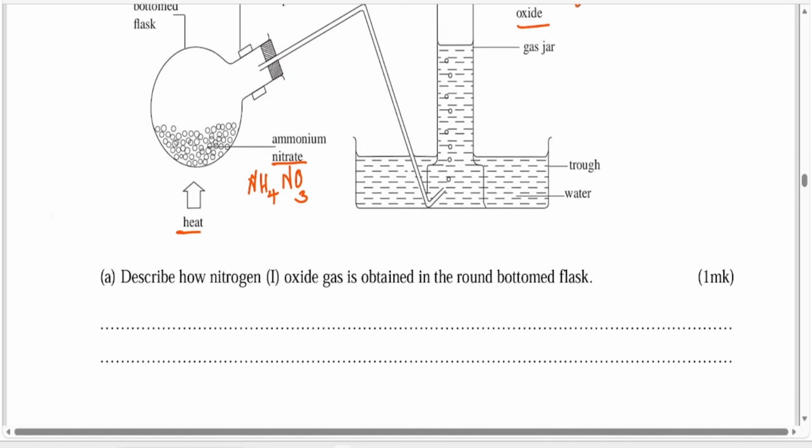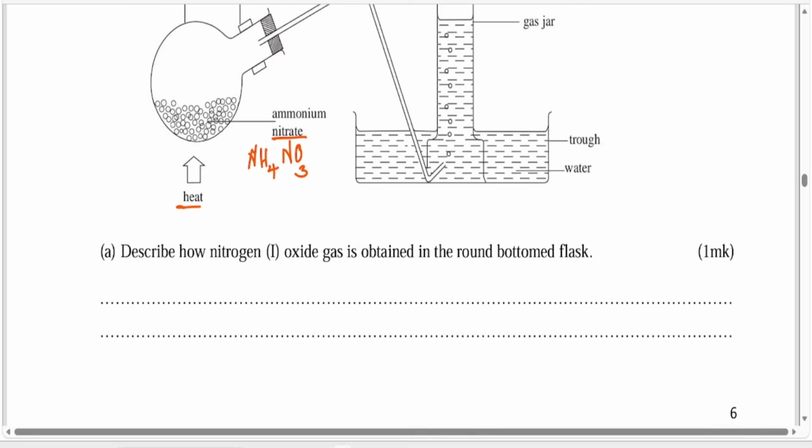We are supposed now to describe how nitrogen 1 oxide gas is obtained in the round bottomed flask. So how is this gas obtained? This gas is obtained when we decompose ammonium nitrate by heat.